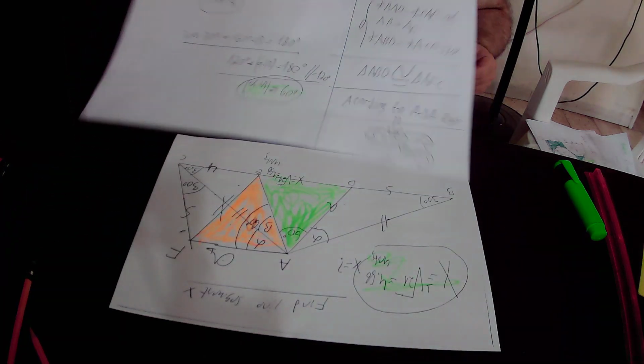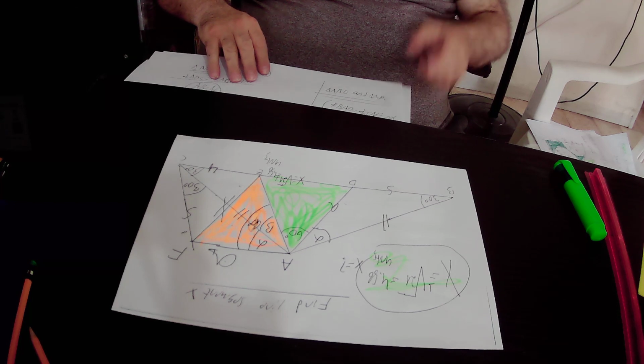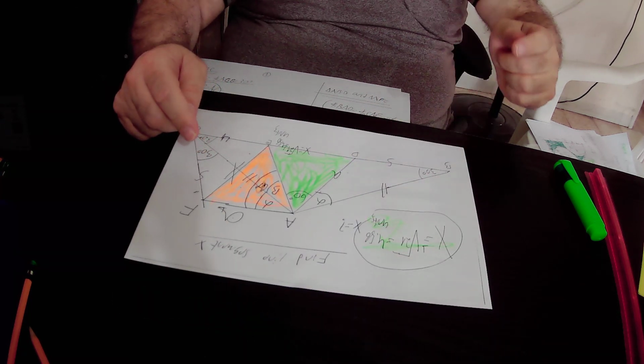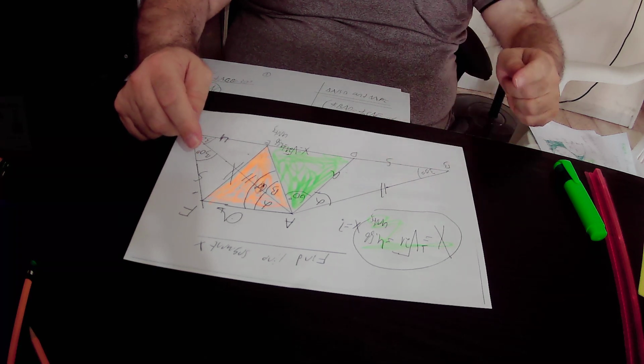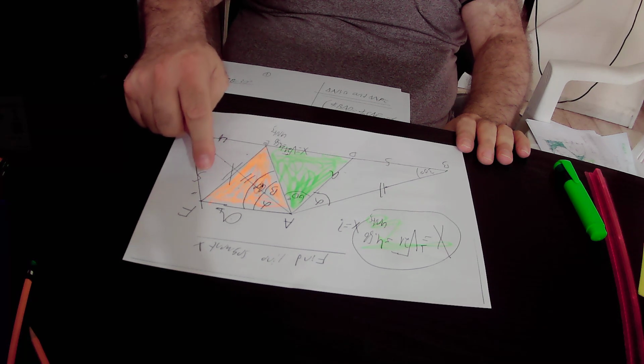Why are those two triangles congruent to each other? First of all, here it is triangle ABD that is congruent to triangle AFC.